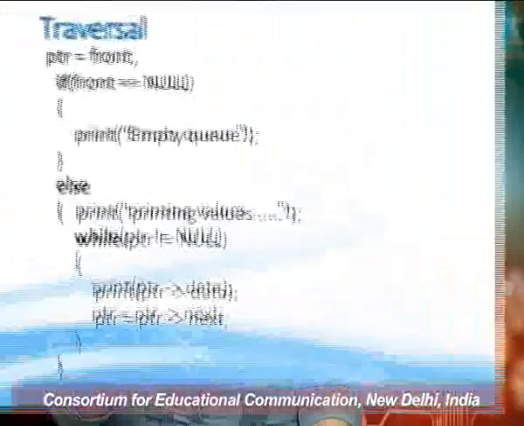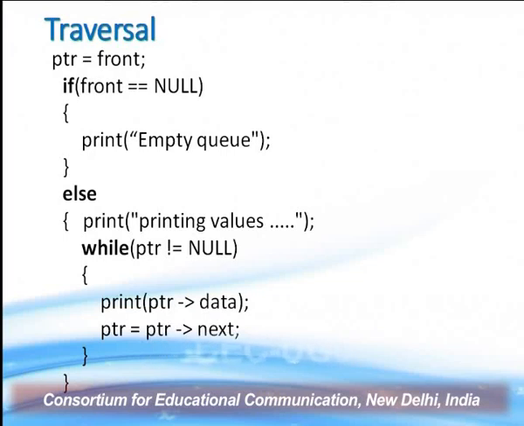Here we have created a temporary pointer PTR and it has been given the value of front. If front equals null, then we will print empty queue and come out of the routine. Else we are on to printing the values.